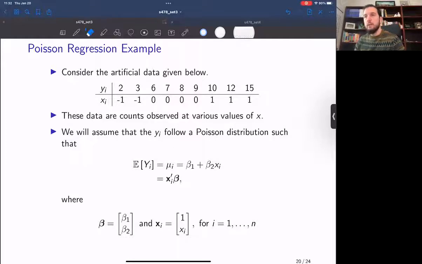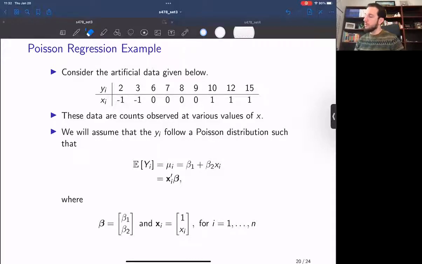But unlike the illustrations that we would have seen of an SLR model in our previous studies, yi is no longer normal. It's instead Poisson. And that's going to have an effect on the process of updating the model parameters, beta 1 and beta 2.